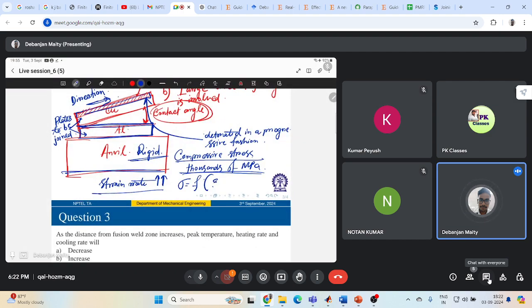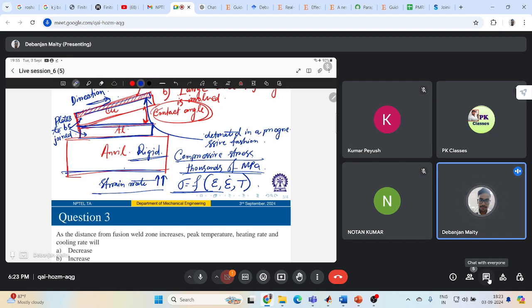It is a function of strain. So in plastic properties, you must have gone through kinematic hardening, linear hardening, isotropic hardening, these things. So it must be a function of strain rate and temperature, right?